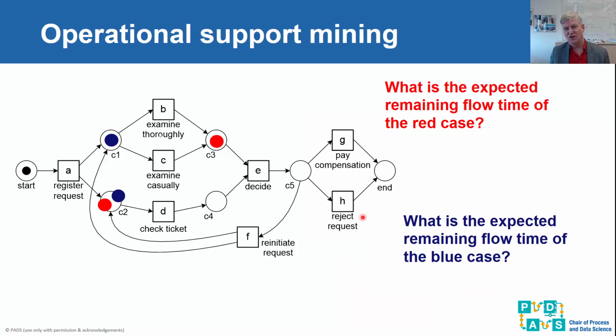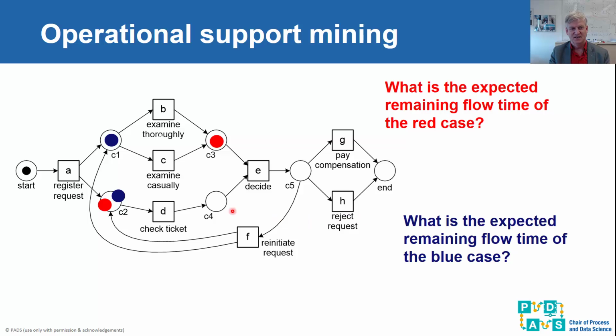You can do this offline, but you can also do this in an online setting. So you've learned your process mining models, you have created your predictive models based on this, and then you can make statements for running cases.